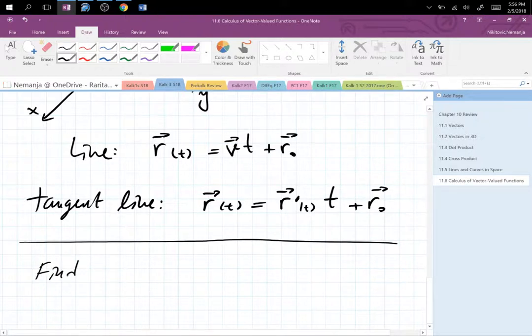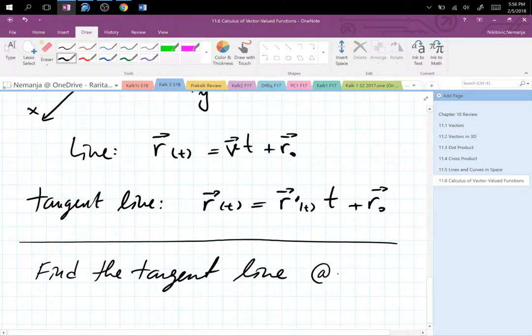Find the tangent line at... I'll leave that because I first have to come up with a function. So let's say a vector valued function. So r of t equals, and now we come up with some kind of a function over here. So let's do vanilla for now.